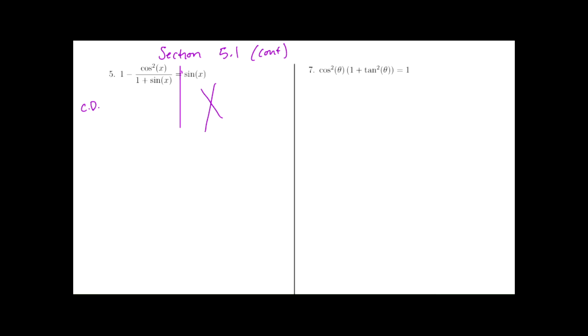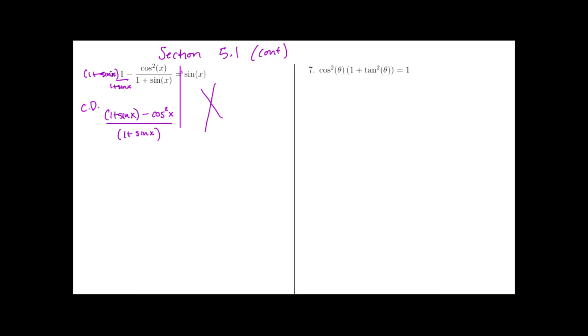So if my denominator is 1 plus sine x, then this piece needs a 1 plus sine x on the bottom and a 1 plus sine x on the top. So I have 1 plus sine x over 1 plus sine x, and then minus that cosine squared x.